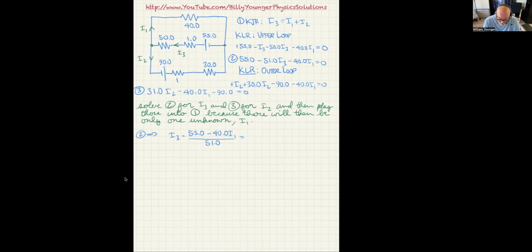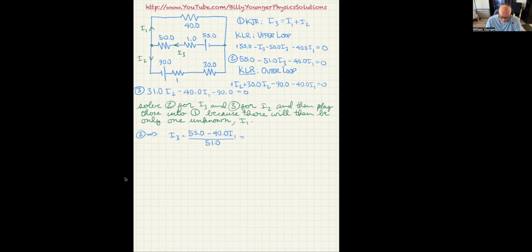I've found it works really nice if you break this up into two separate fractions, 55.0 divided by 51.0 minus 40.0 divided by 51.0 times I1. If you do that, you just want to make sure you keep at least one, but preferably two or more extra digits beyond the sig figs, so that you won't round it so much that your result bears no resemblance to anybody else's.